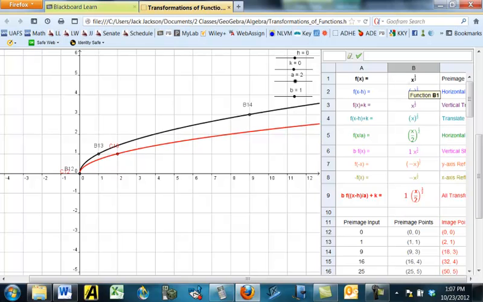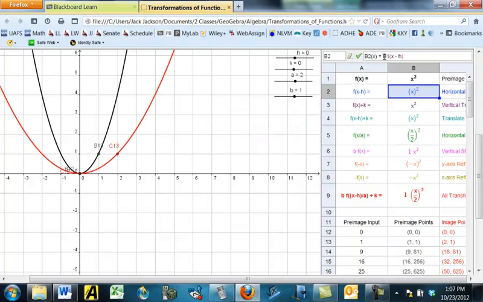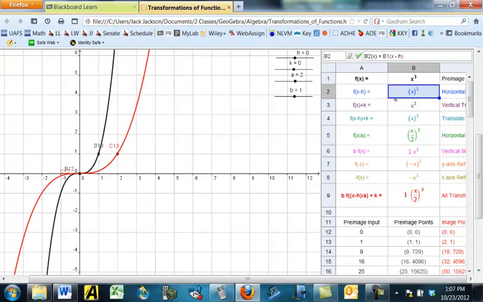I can change this function if I don't want it to be square root of x. What if I just want it to be x squared? There we go. It affects it. The red one is still twice as much. Or if I want to change it to x cubed, still twice as far out, stretched.